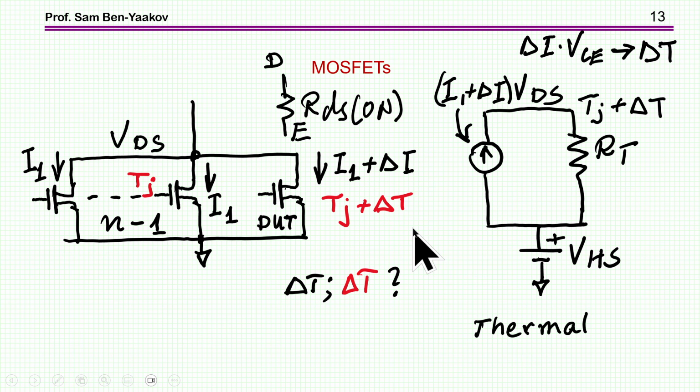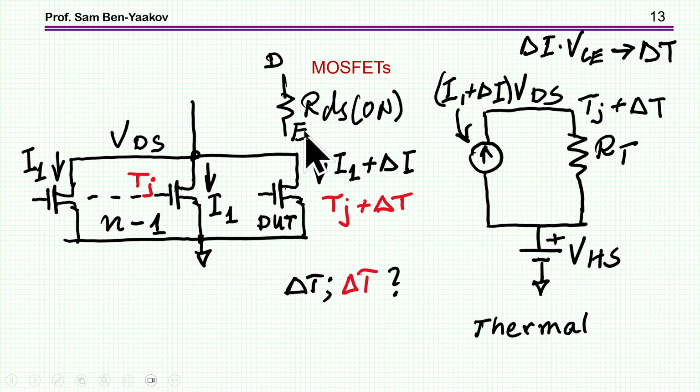Now, from here, I'm moving to the MOSFET. So the story is the same thing, and I'm assuming here that the VDS is constant, is forced by this transistor, and I'm looking at this transistor. Now, in the case of a MOSFET, the conduction is actually through a resistor, RDS(on).